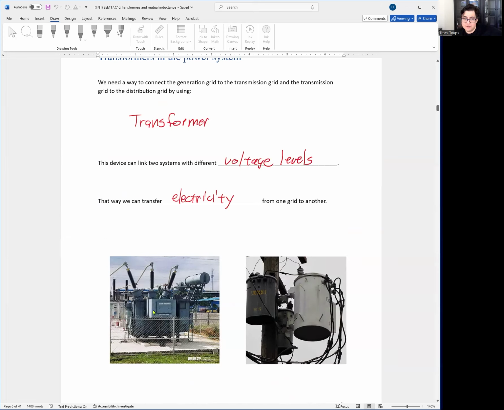So sending DC voltage long distance was a terrible idea. AC was more efficient. And the transformer is what gave us the ability to change voltage levels easily. Okay. So if it wasn't for this transformer, we would probably be running a DC power system today. Right. So this is a critical invention in power engineering and electrical engineering as a whole.